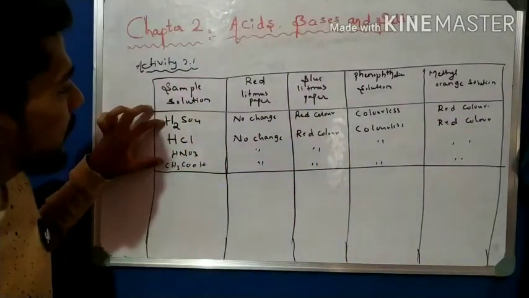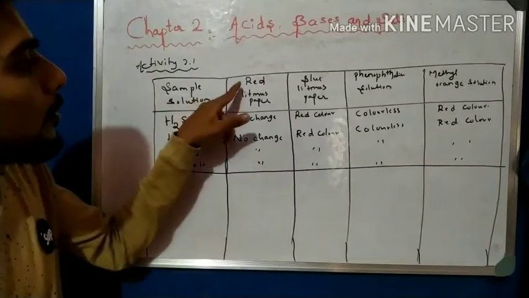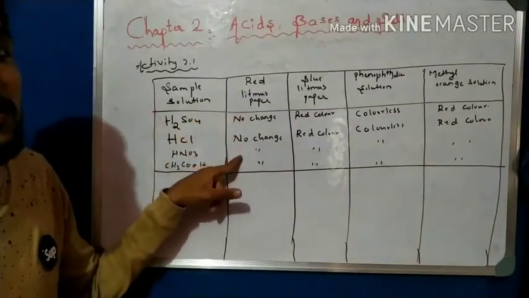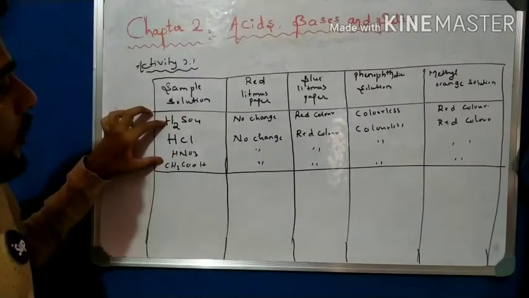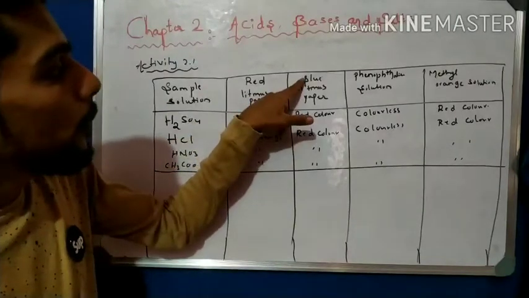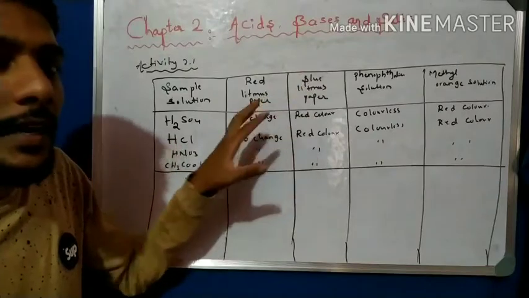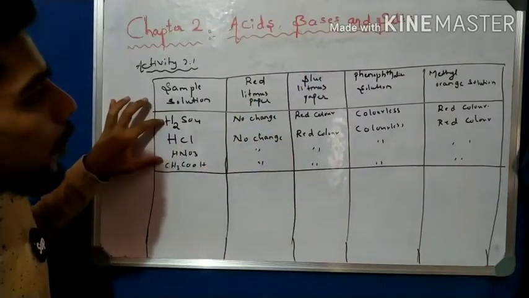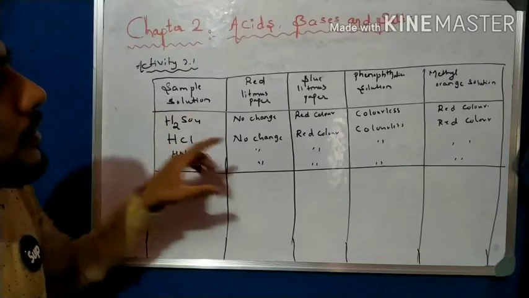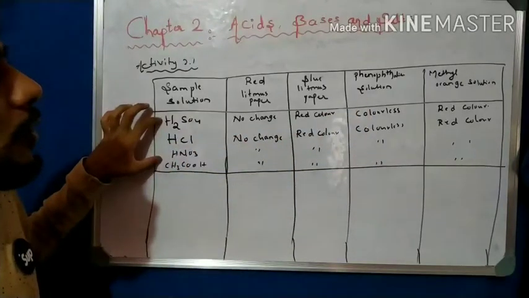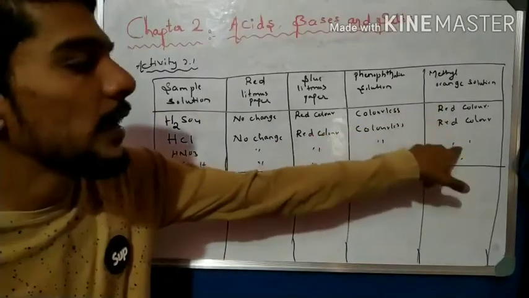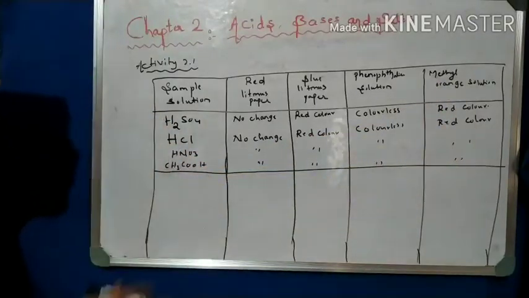For the acid, what is the observation for red litmus paper? There is no change. For acid substances, what happens to blue litmus paper? Blue turns red. For acids, the action of phenolphthalein is colorless, and for methyl orange it is red. So this is about acids.